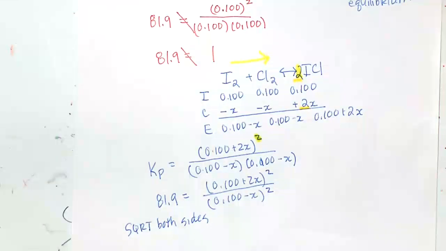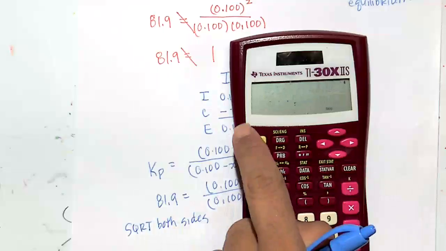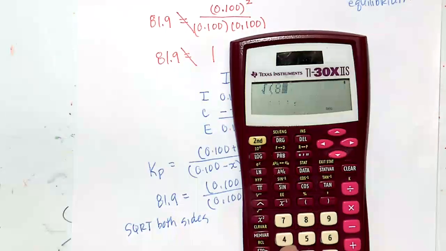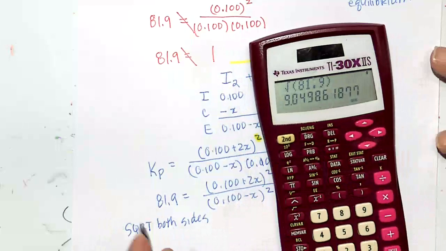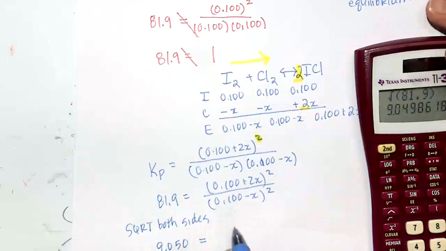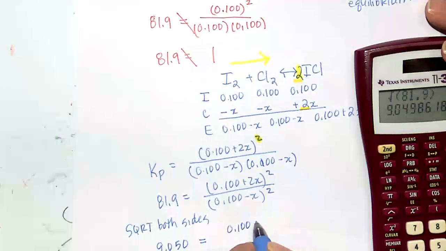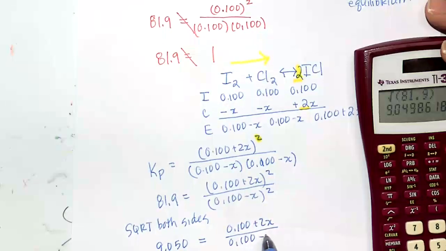So what's the square root of 81.9? The square root of 81.9 is 9.049 or 9.050. And the square root of the right side is 0.100 plus 2x divided by 0.100 minus x.